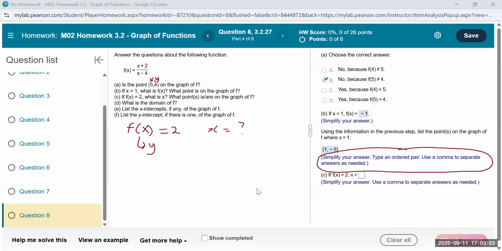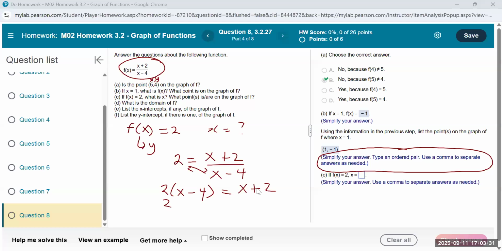So in the equation, if f of x is 2, this is equal to x plus 2, all divided by x minus 4. And we have to solve for x. To do this, we cross multiply: 2 times x minus 4 equal to x plus 2. Distribute the 2 over what you have in the parenthesis.